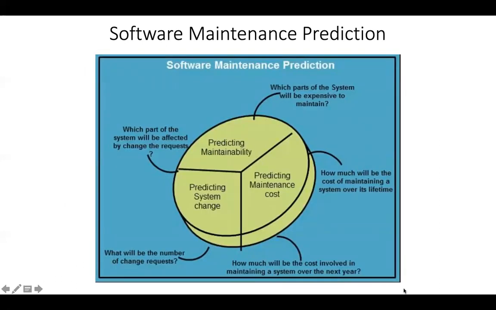Which part of the system will be expensive to maintain? How much will be the cost of maintaining the system over its lifetime? What will be the number of changes requested? Which part of the system would be affected by the change requests? How much would be the cost involved in maintaining the system over the next year? All these types of predictions and questions will be arising. So this comprises the maintenance prediction.